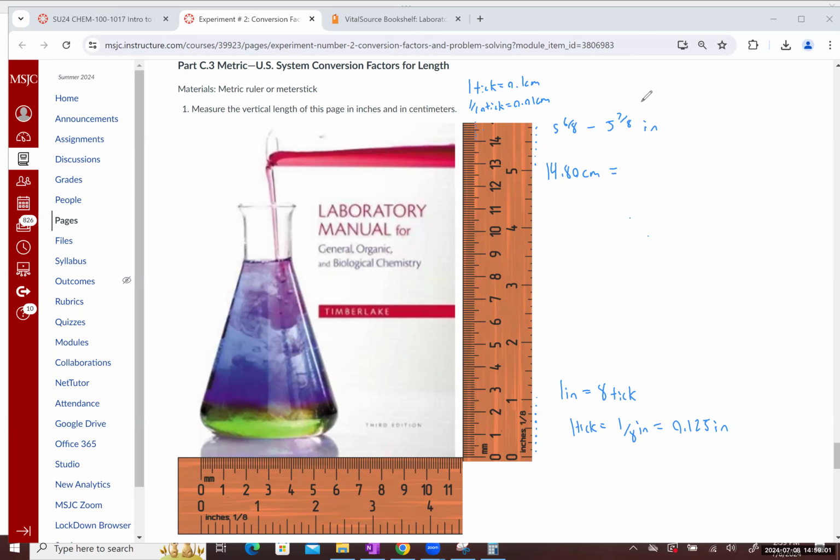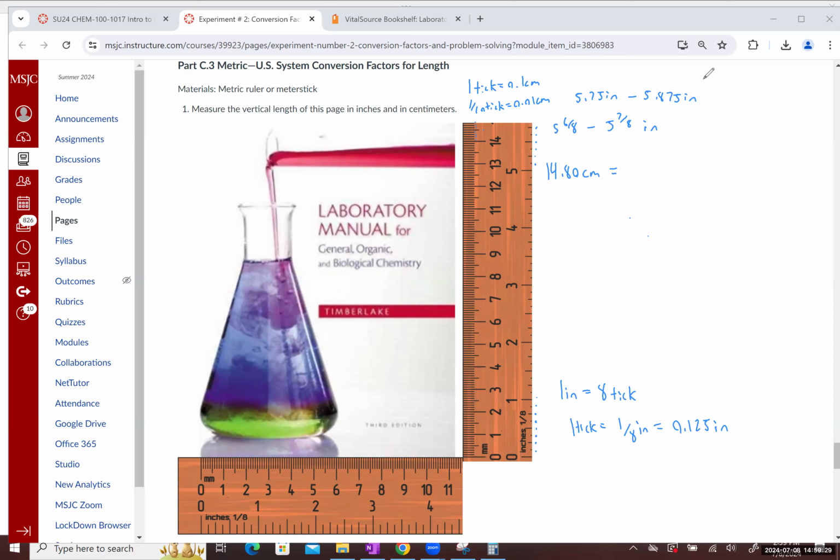And let's rewrite these values in something a little bit more simple to process. So what we're saying is it's somewhere between 5.75 inches and 5.875 inches.